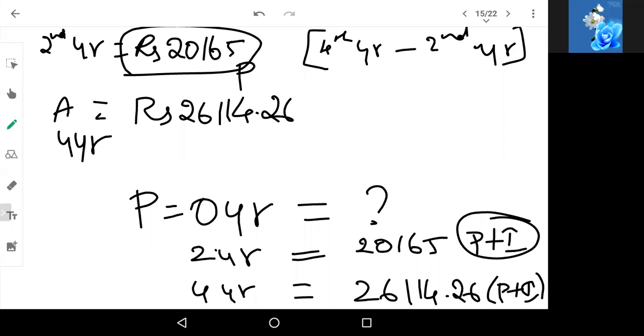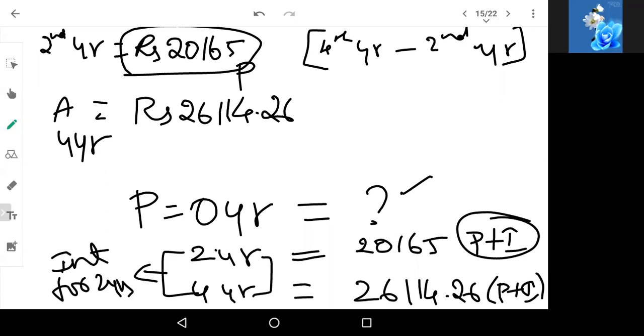Okay. So before finding this out, we will be using the difference of the amount here. This difference will give us the interest for 2 years. How 2 years? From second year to fourth year is 2 years. Right?